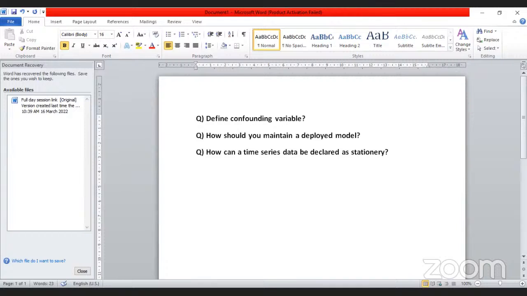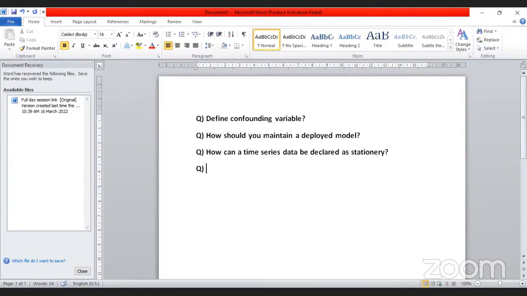For the next question, I am expecting an answer from you, because every time we are following this. I think this is the easiest one, and everyone should know it.